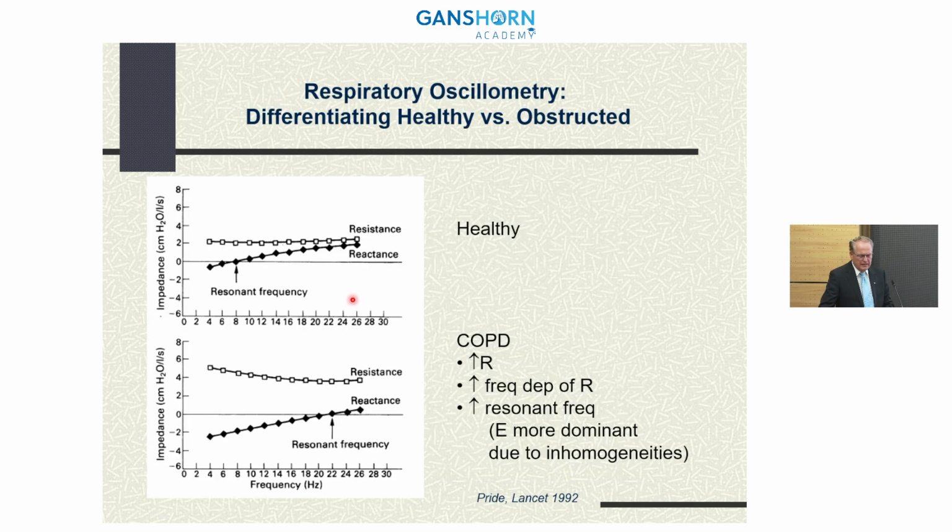In a healthy individual, the airway's resistance, or the resistance measured by oscillometry, is fairly stable throughout the system, depending on the frequency, remembering that lower frequencies will penetrate deeper and thus be representative of what's happening in the peripheral airways. Higher frequencies will be more representative of what's happening in the central airways.